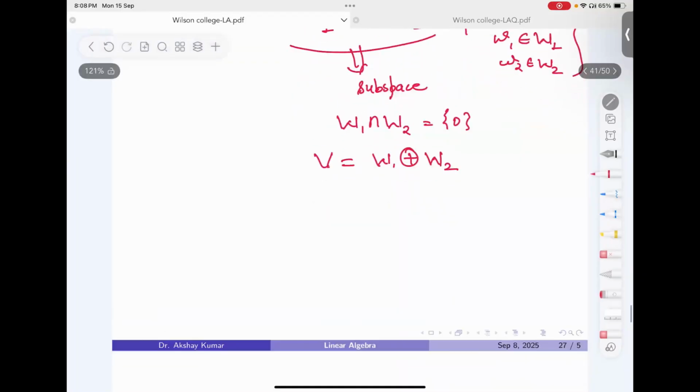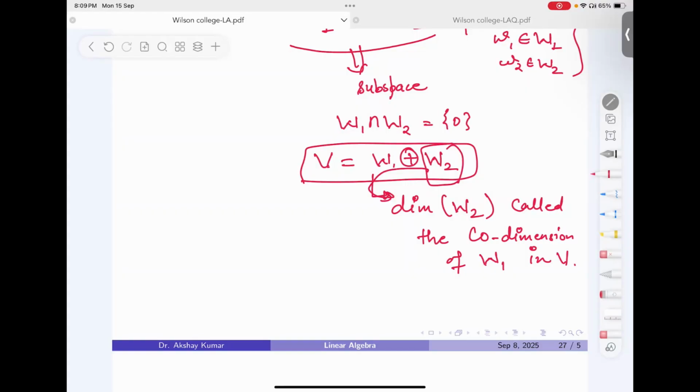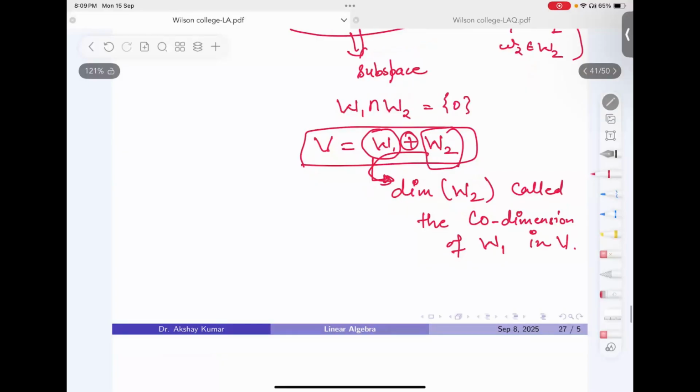In this situation, the dimension of W2 is called the codimension of W1 in V.